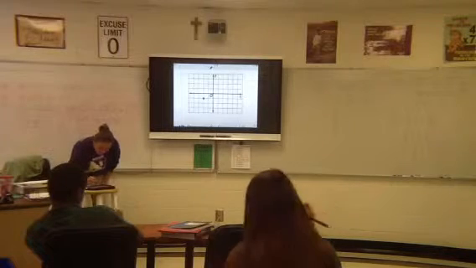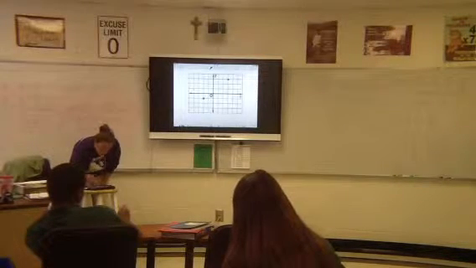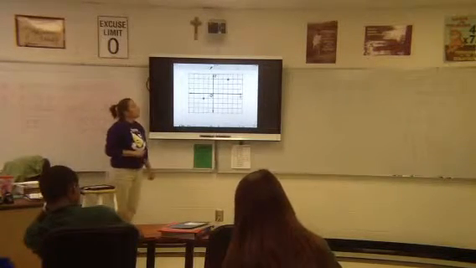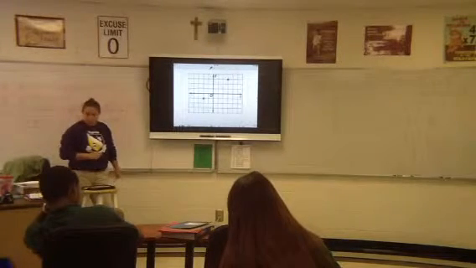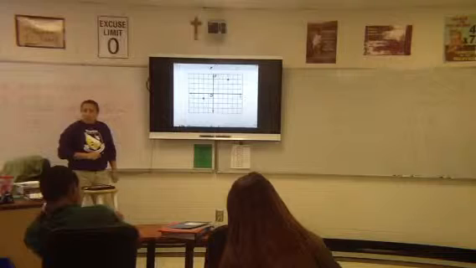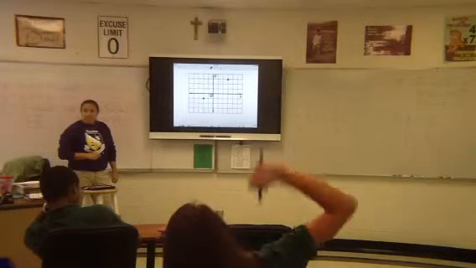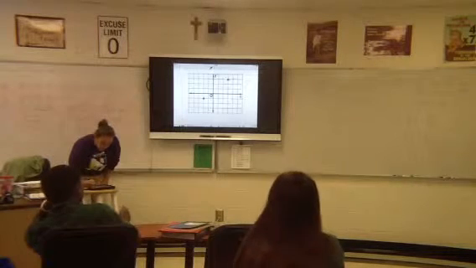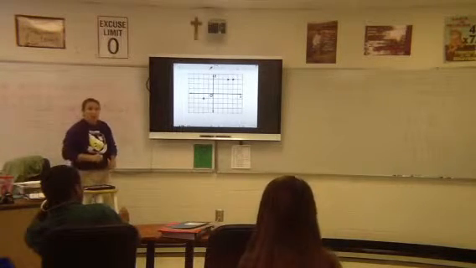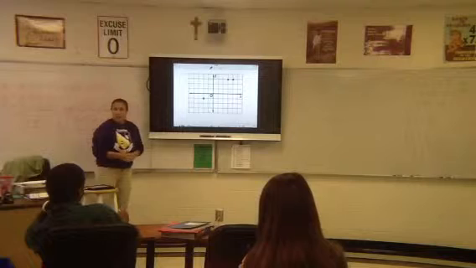Nice job. Then the last point here was 4, 3. How do you graph 4, 3? Over to the right 4, up 3. Nice job. So that's graph. That's kind of review.